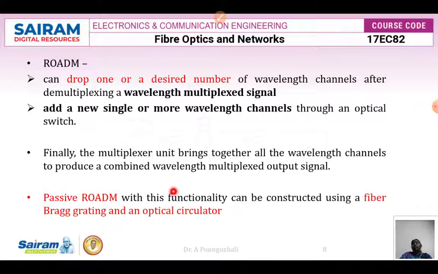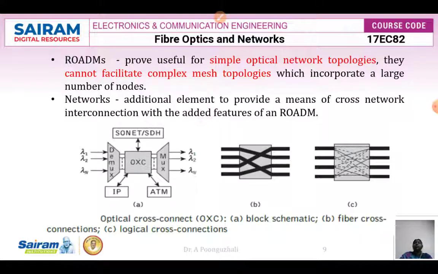A passive reconfigurable optical add or drop multiplexer can be constructed either using a fiber Bragg grating method or an optical isolator. So here we can see that the reconfigurable optical add or drop multiplexer is useful for simple optical network technologies.